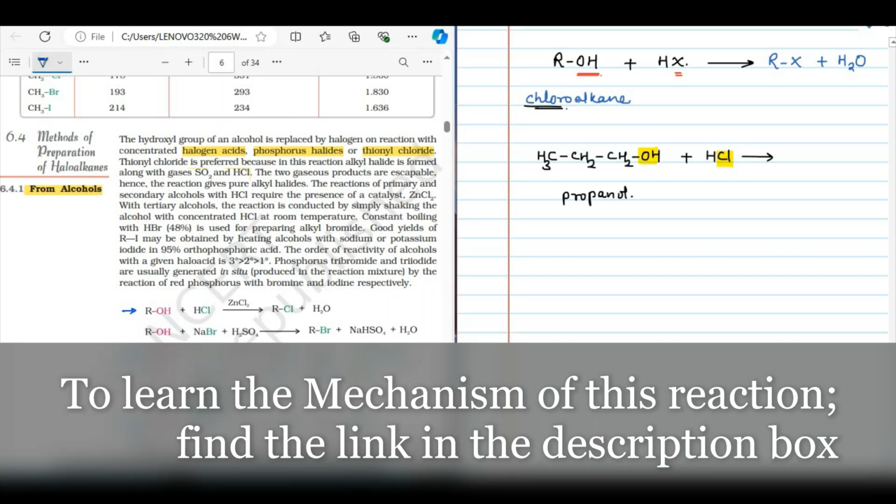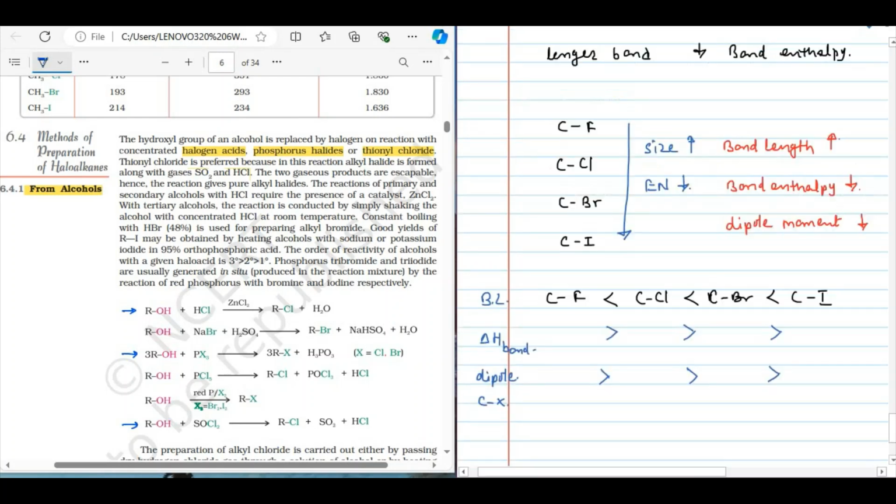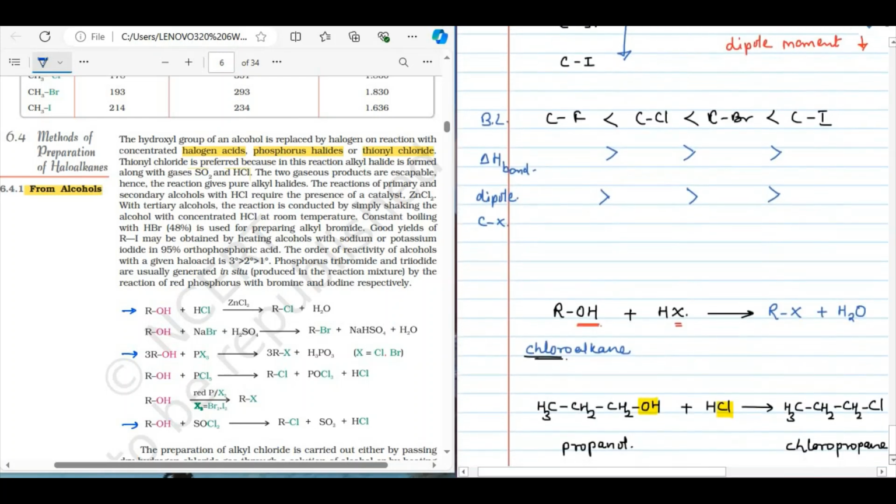When we discuss alcohol, at that time I will tell you how this reaction takes place. So when OH is replaced with Cl, you will get the product CH3CH2CH2Cl. So this is chloropropane, along with the formation of a water molecule.